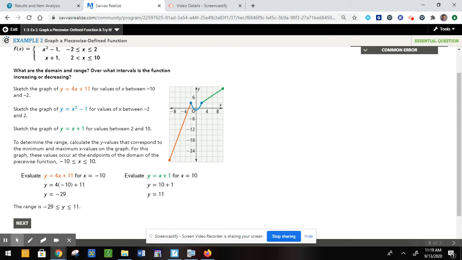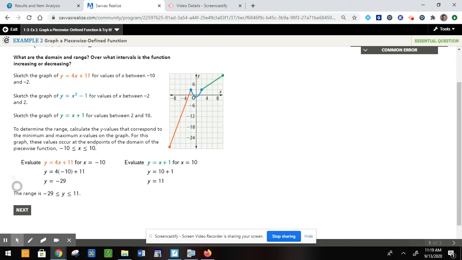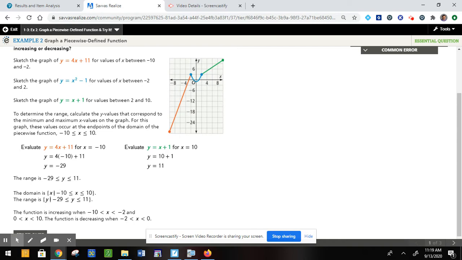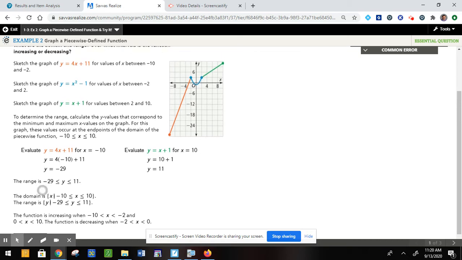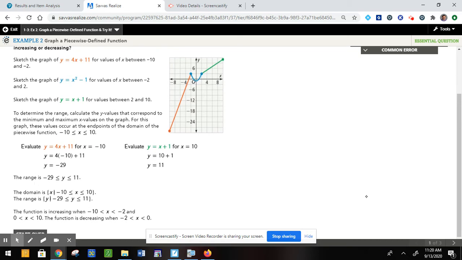And you can evaluate algebraically or just look at the graph for the 29 and the 11. The domain of the function is for x, the lowest x is -10, the highest x is 10. So that's the domain given there, and the range we just talked about.